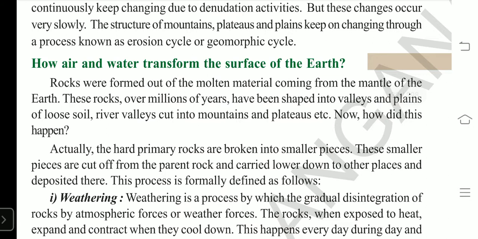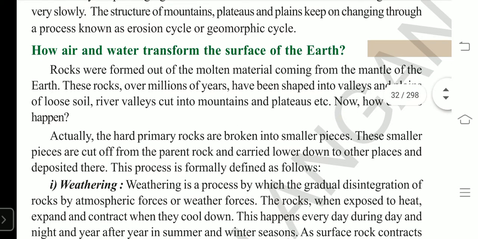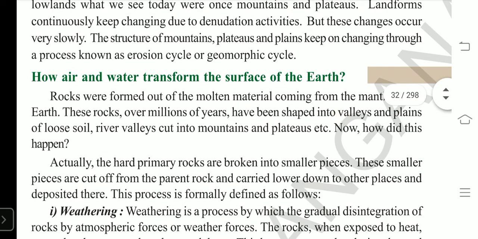Okay. So rocks were formed out of the molten material that we have seen, which came up from the mantle of the earth, right? So by the internal processes we have seen, certain rocks formed on the earth's surface. When lava erupted out, it cooled, and then the solid form of rocks formed on the earth's surface, right?